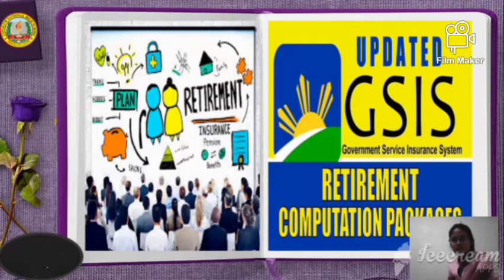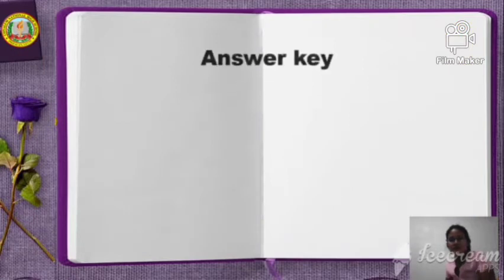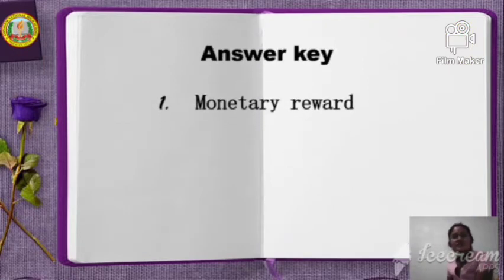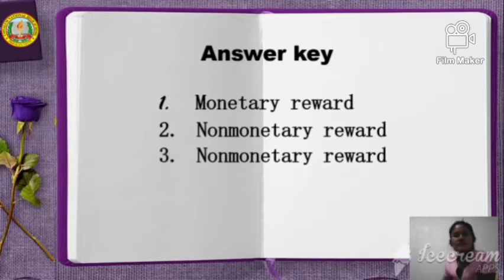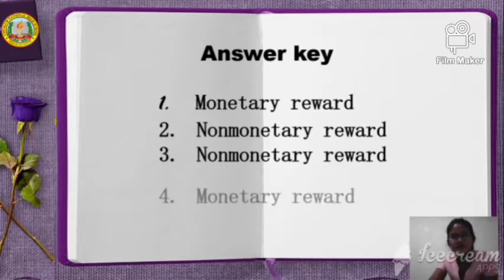Let us proceed by checking your answers. The monthly salary is a monetary reward. Next are the medals. Medals are, of course, non-monetary rewards. Next are the certificates. These are non-monetary rewards.